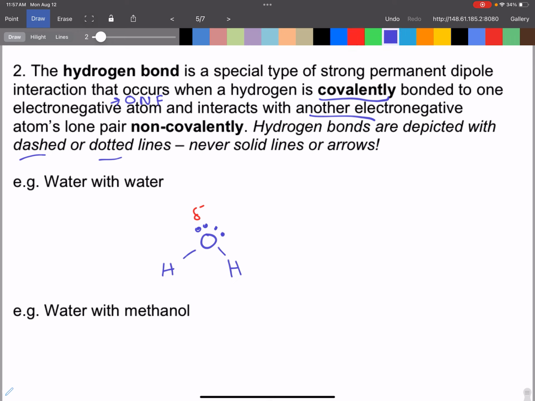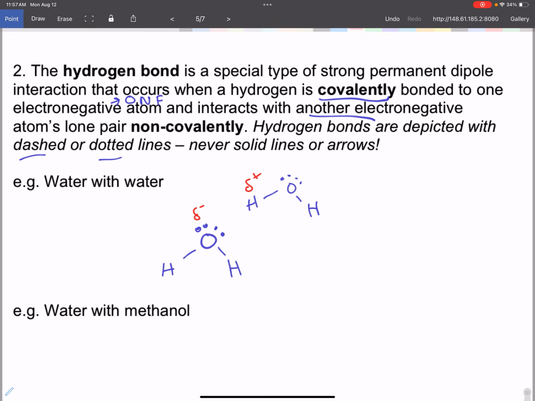And I'm going to draw another water molecule nearby. And I've drawn this strategically because now this end of this molecule is partial positive. And so we now have a situation where we can have a hydrogen bond. Look at the definition: we have a hydrogen that is covalently bonded to an electronegative atom like oxygen, and then it can interact with the lone pair of another electronegative atom, an oxygen from a different water molecule.